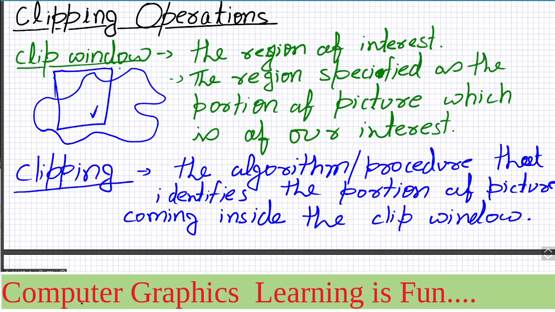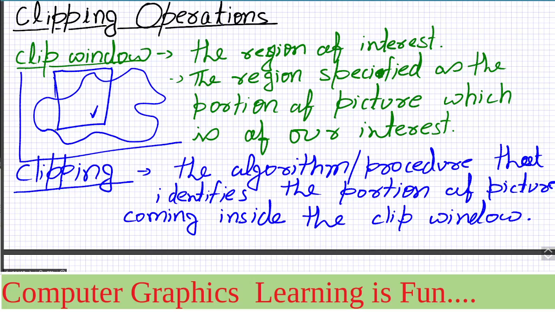How will this clip window be specified? With coordinates. It will have some coordinate values. Since this was your image, a whole scene, it will be in a coordinate system, right? Since it is the whole image, I believe you understand, it is your world coordinate system. So this window will definitely have some values.